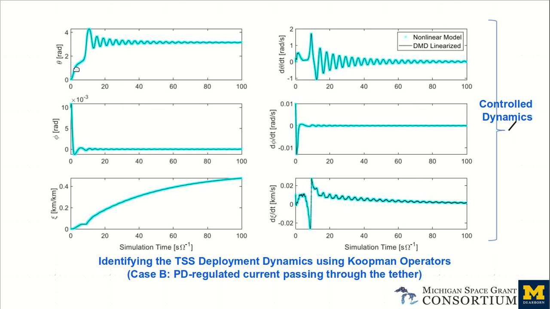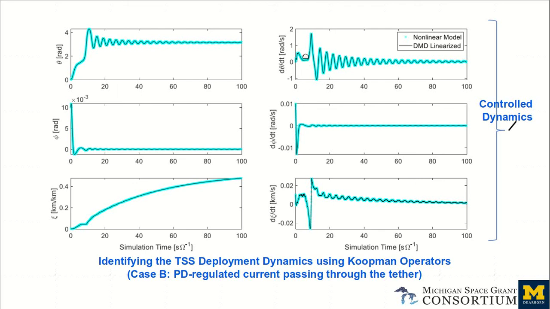As you can see, the oscillations in the geometric angles theta and phi also died off as the deployment process was becoming more and more successful. Also, the whole mission was subject to unknown disturbances. Specifically in this case, there were sinusoidal disturbances.